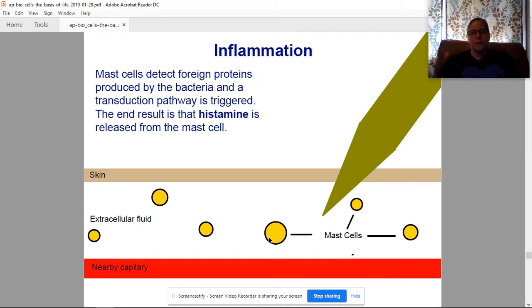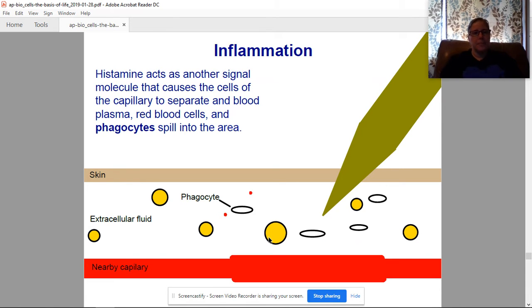But then the fix is becoming more problematic than the issue. Your body's kind of overdoing it, so we take an antihistamine to say, whoa, slow your roll, we don't need you to be this crazy. All right, so that histamine causes some swelling, and the blood plasma and red blood cells all get spilled into the area.